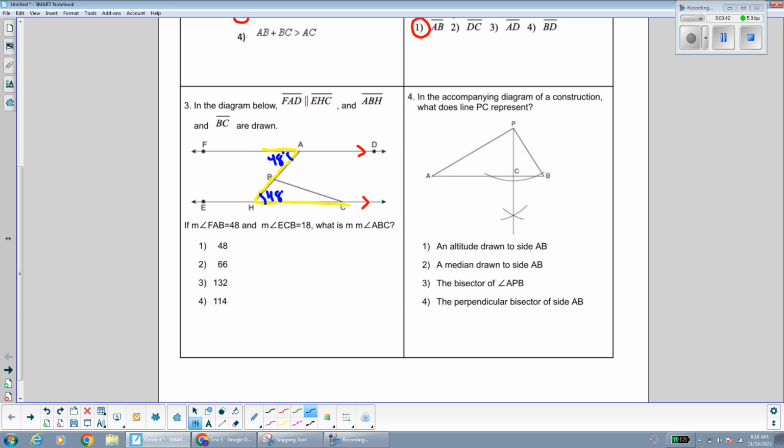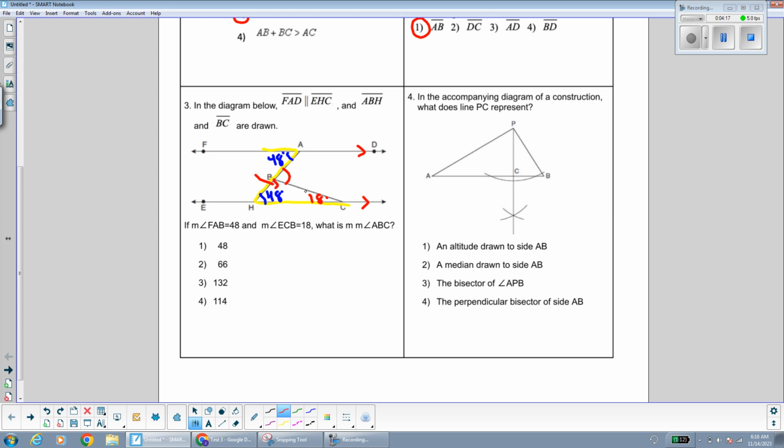And we know that ECB is 18 degrees. We need to find the measurement of ABC, which is this angle here. First, in this triangle HCB, I know 2 angles, the 48 degrees and the 18-degree angle. So I'm going to add those up, 48 plus 18, and I got 66, and I'm going to subtract that from 180 because all 3 angles of any triangle always make 180.